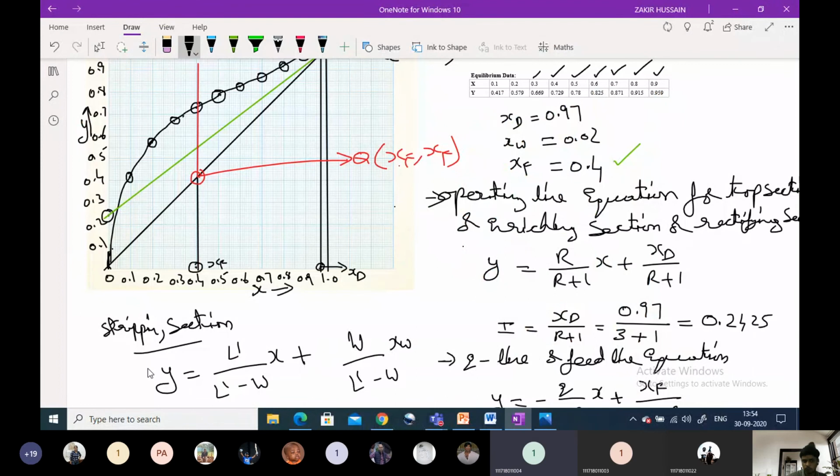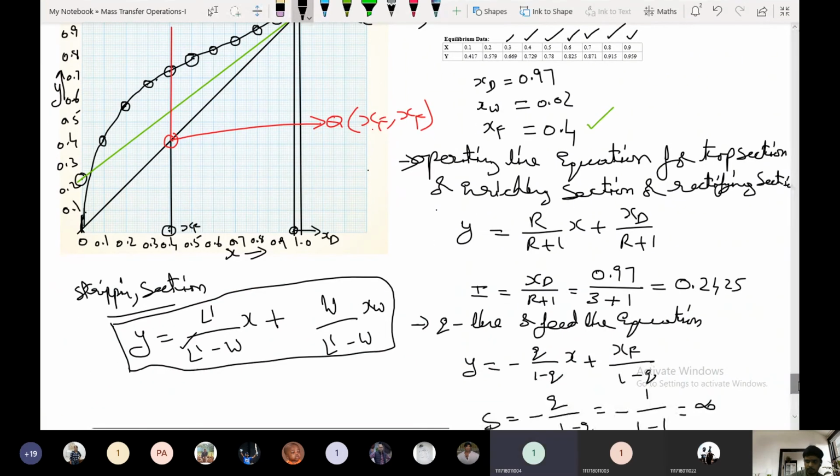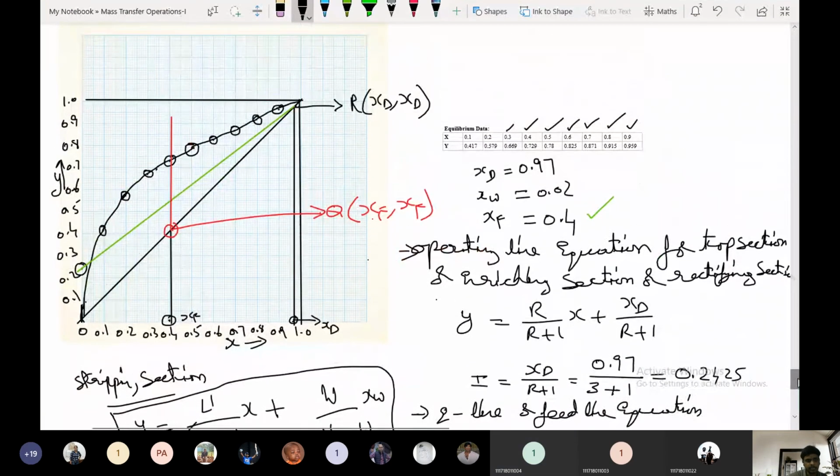So one method is to use this equation. But you need not bother to use this third operating line equation, because we don't know this L dash. Instead, just connect the intersecting point with xw.